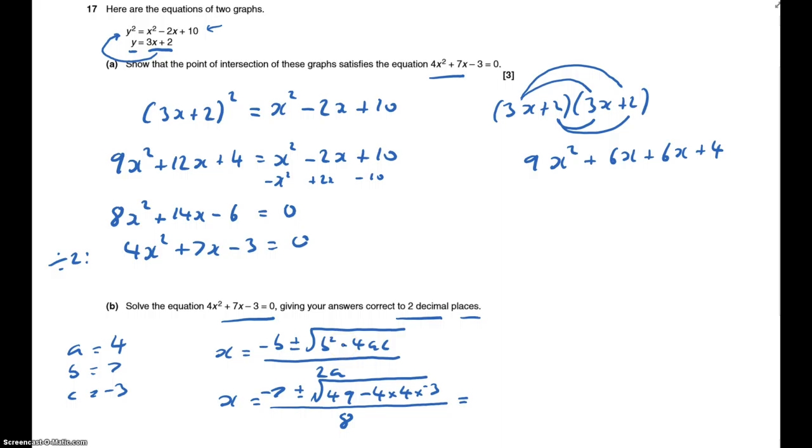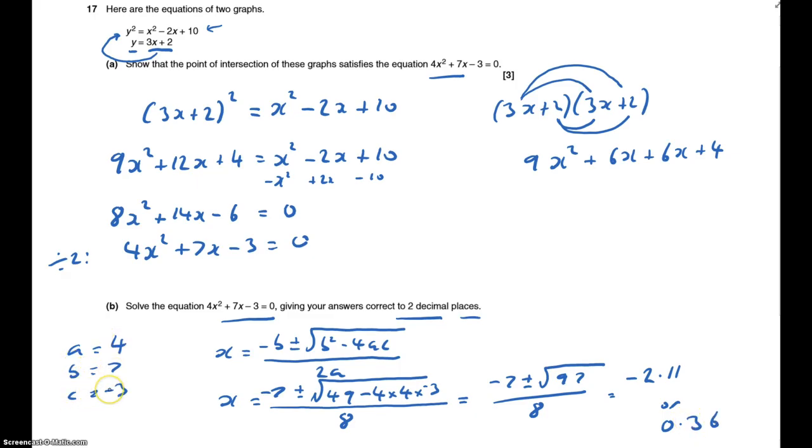That equals negative 7 plus or minus the square root of 97 all over 8, and that will give me minus 2.11 or 0.36 to 2 decimal places.